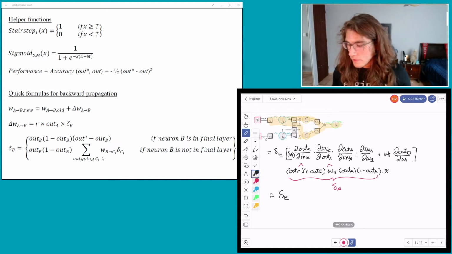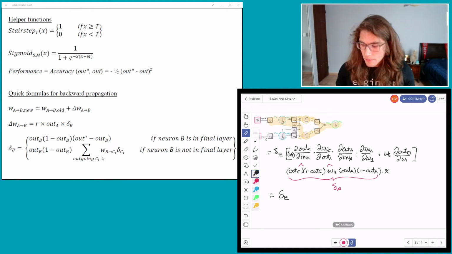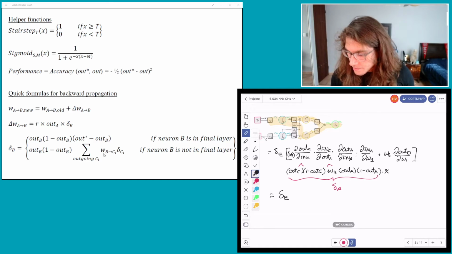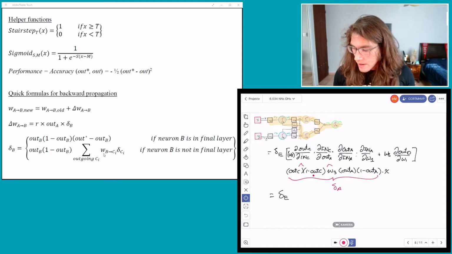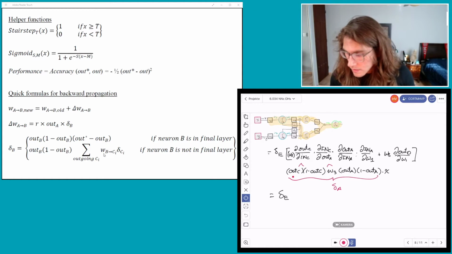Okay, so the reason I've been staring at it so long is if you're not seeing the connection between the delta C here, and how delta E is going to come into play later, remember that when we go to calculate delta E, we're also going to get the 1 minus out C, then we're going to have to multiply by the weight connecting node C to node E, which is W7, which is right here.